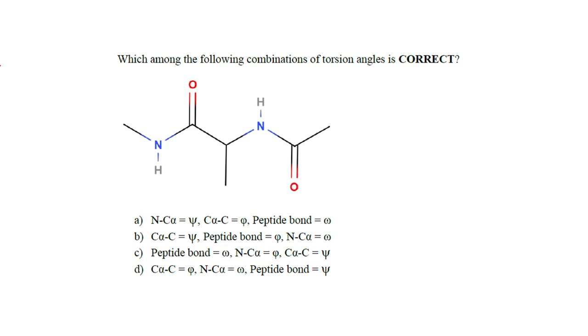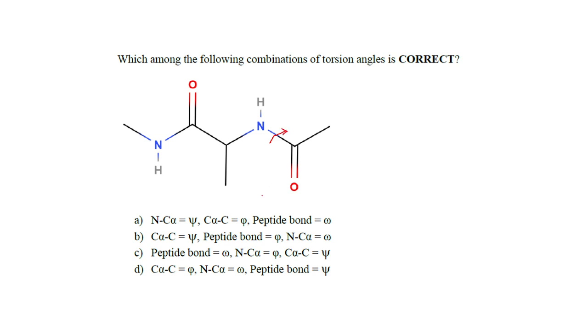So find the phi, chi, and omega. If you see the peptide bond, this particular one is being referred to.